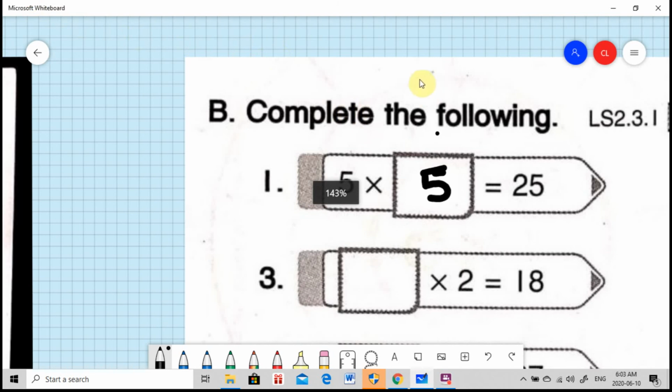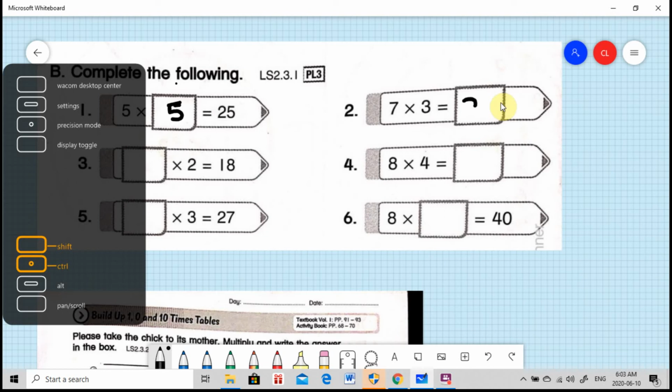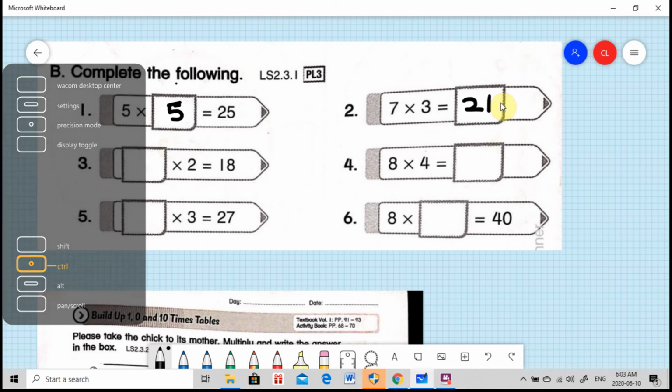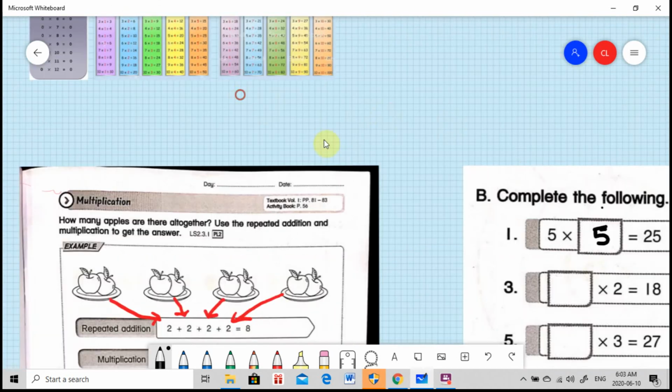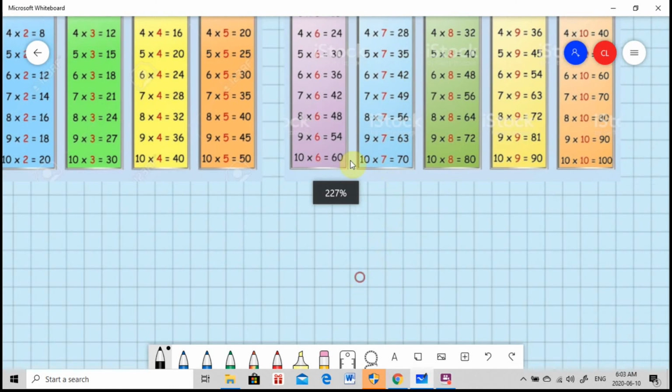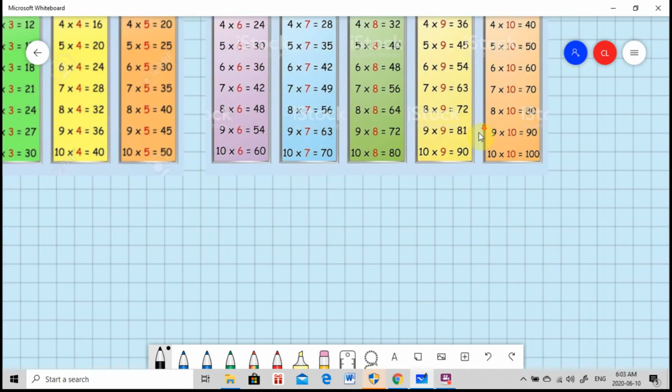Question number 2. 7 times 3 equals what? 7 times 3 equals 21. Right? We can check using the multiplication table. Here, 7 times 3 equals 21. So it's correct.